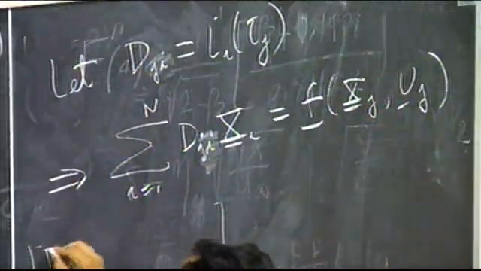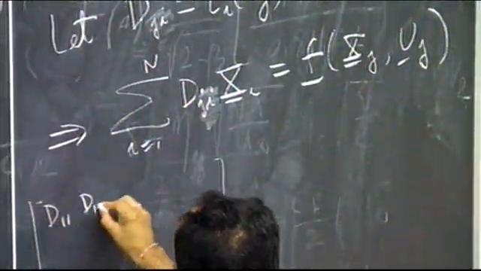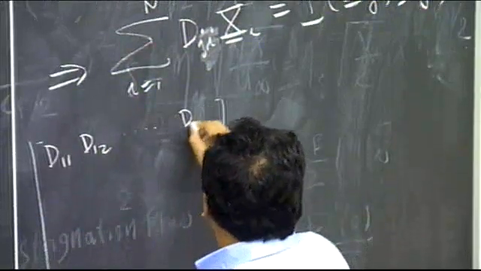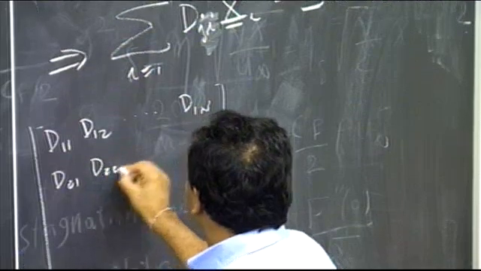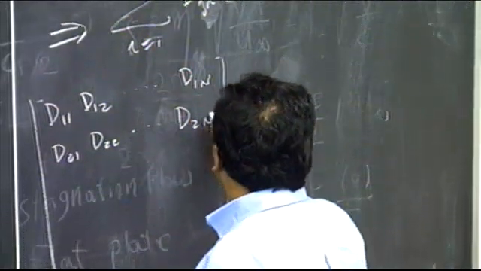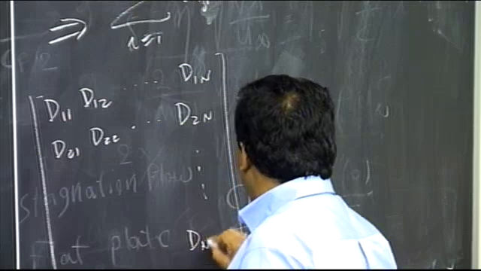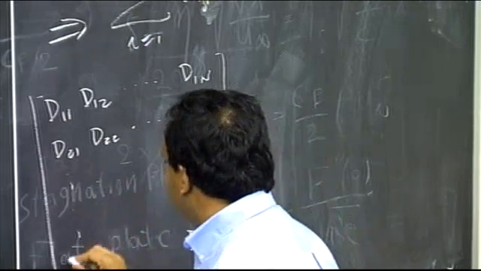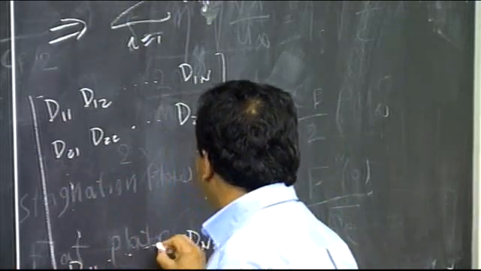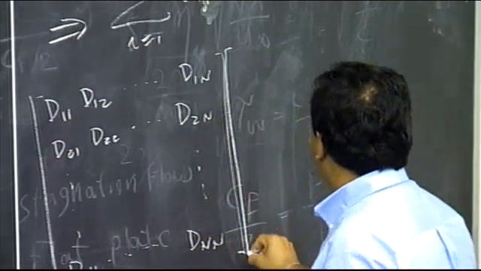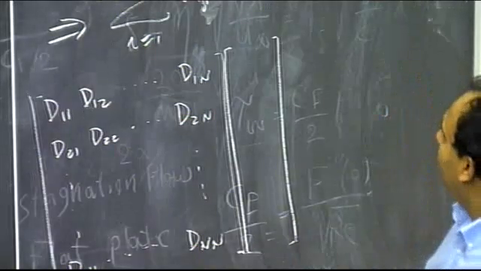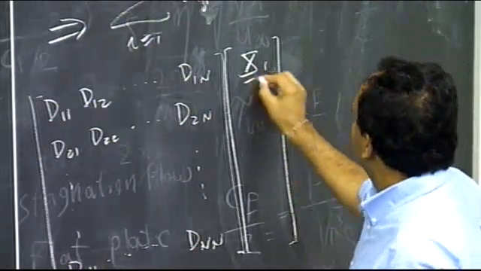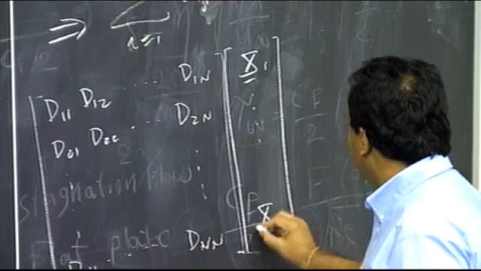I would get d11, d12, all the way up to d1n, d21, d22, all the way up to d2n, and this thing would go down to dn1, dnn. And what I would get, because I'm treating the state as row vectors, I would get x1 all the way down to xn.